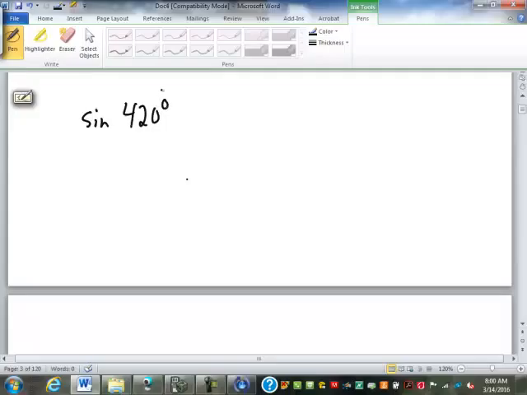Now your calculators are capable of doing this. What's the sine of 420 degrees? 0.866. How did I know that? Well, it's because I know the sine of a related angle.